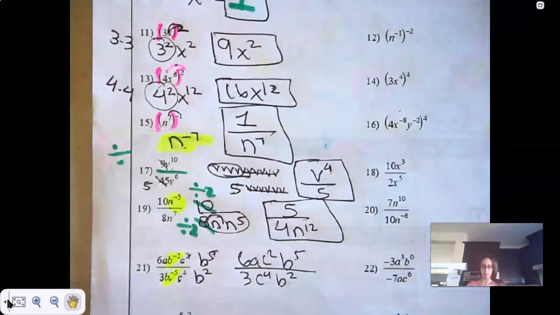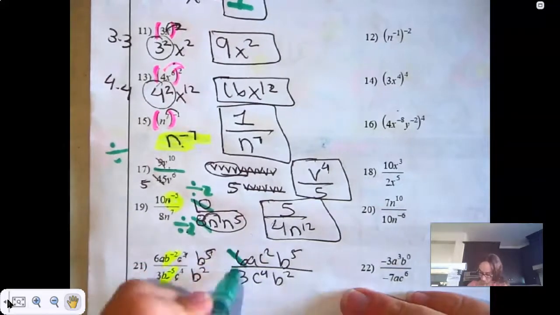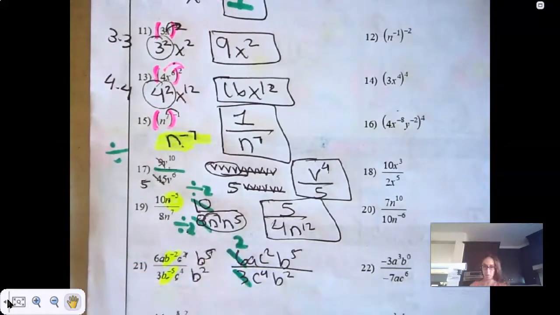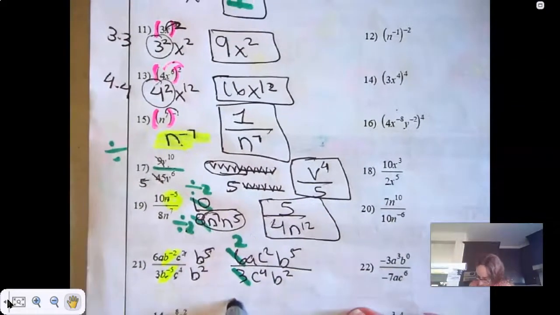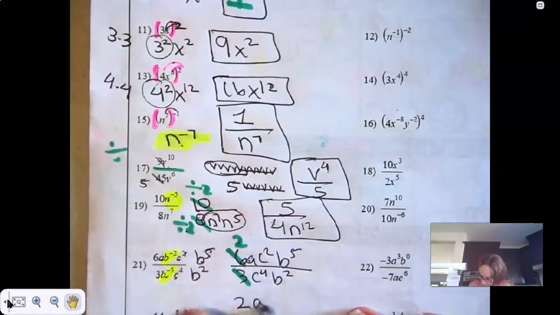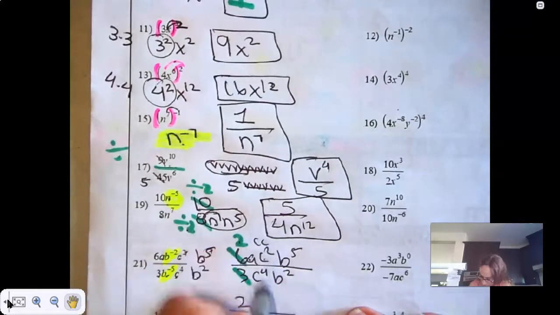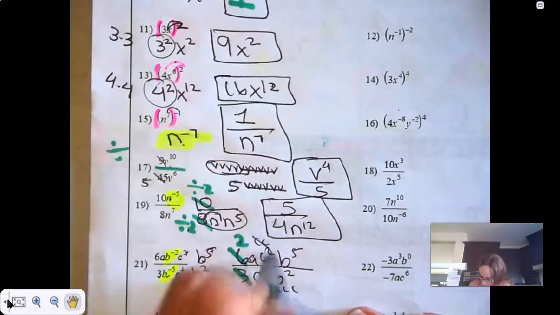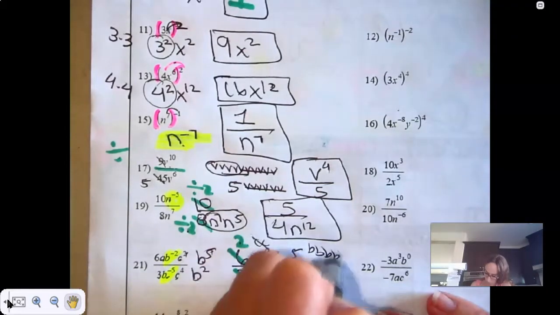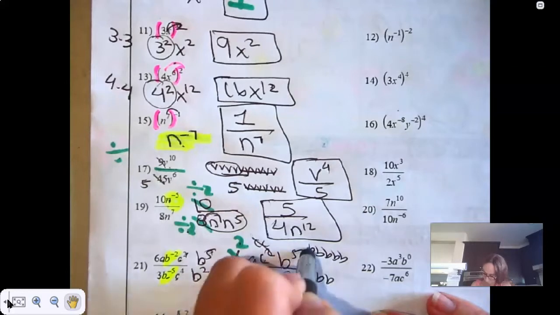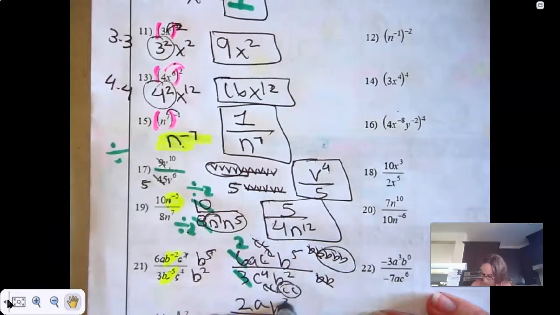Okay, so now I look, that's 2, and then I'll go like this. 2a, 1, 2, 1, 2, 3, 4, boom, c squared, 1, 2, 3, 4, 5, 1, 2, boom, B3.